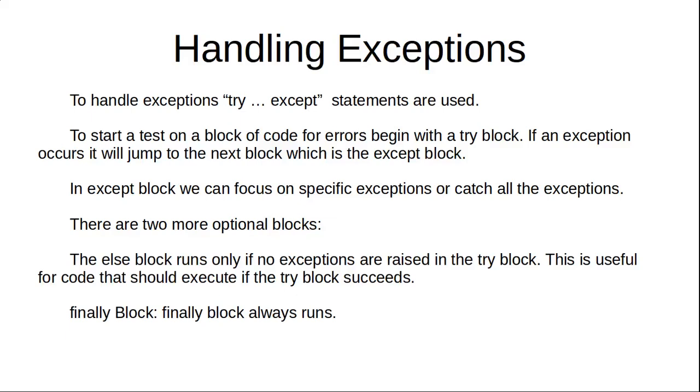There are 2 more optional blocks, the else block and the finally block. The else block runs only if no exceptions are raised in the try block. This is useful for code that should execute if the try block succeeds. On the other hand, finally block always runs.